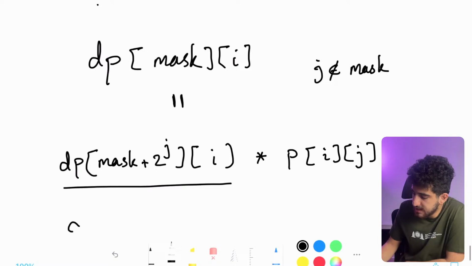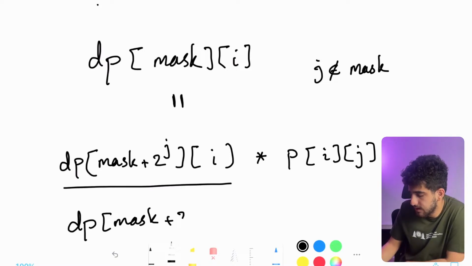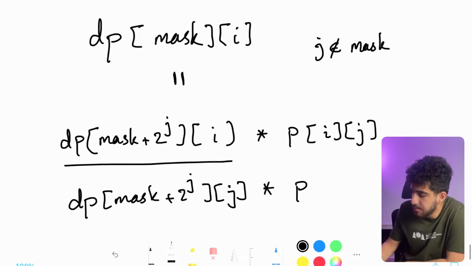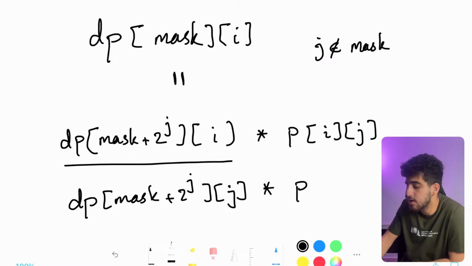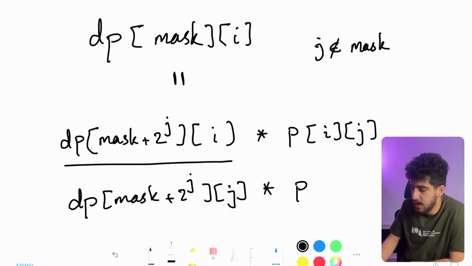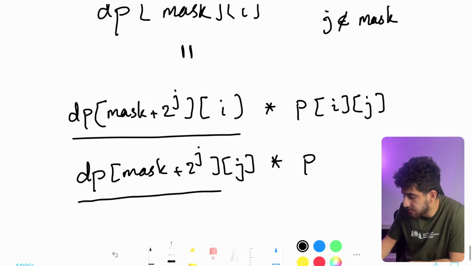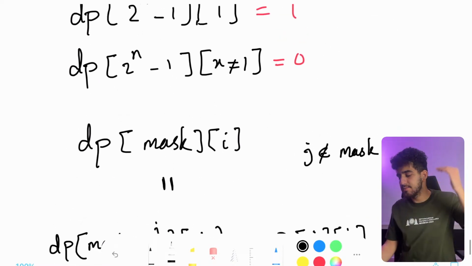Also, j can be the next person in the queue and j kills I instead of I killing j. So it's going to be mask plus 2 to the power of j, now with j remaining alive. I already know what this dp is. I calculate this dp backwards.